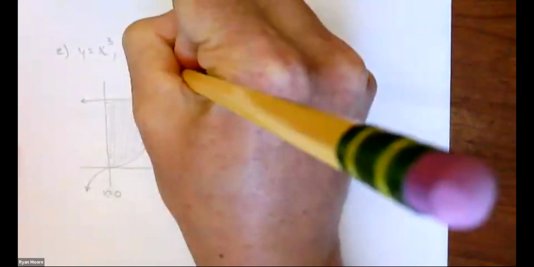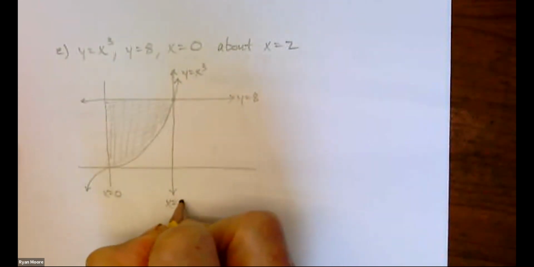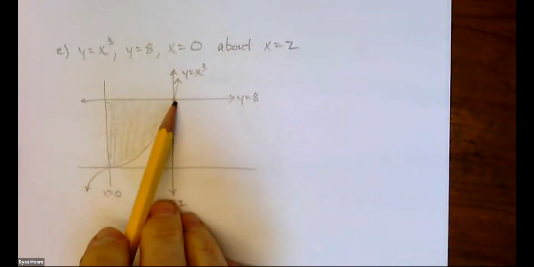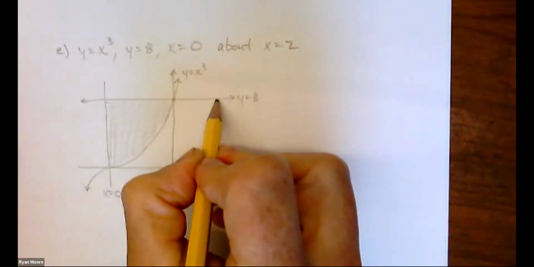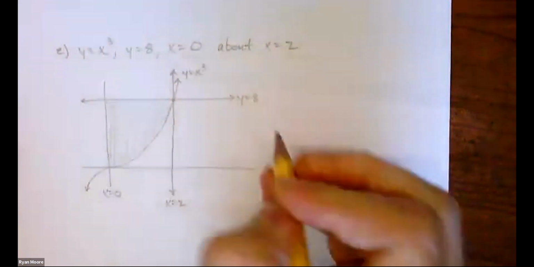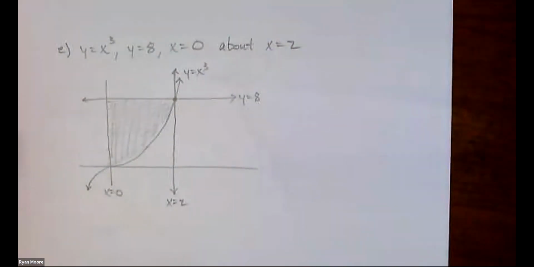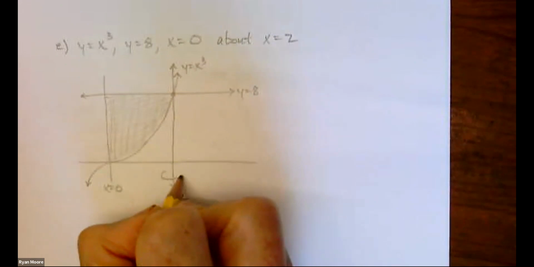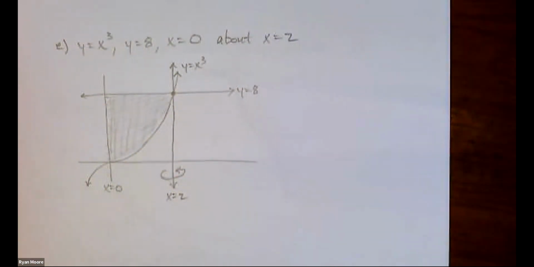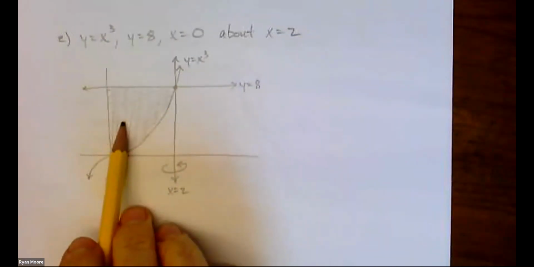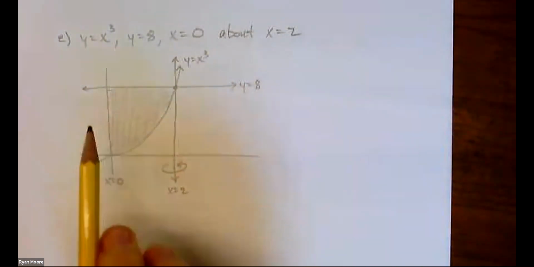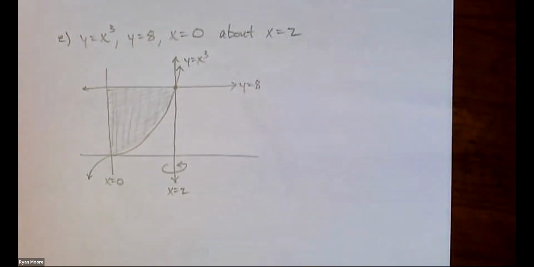And that's something we need to notice, that x equals 2 is right there, right? If we put it too far or put it in, that's going to throw us off. There it is. And we're rotating, maybe I'll say like that. So this region spinning around that way.